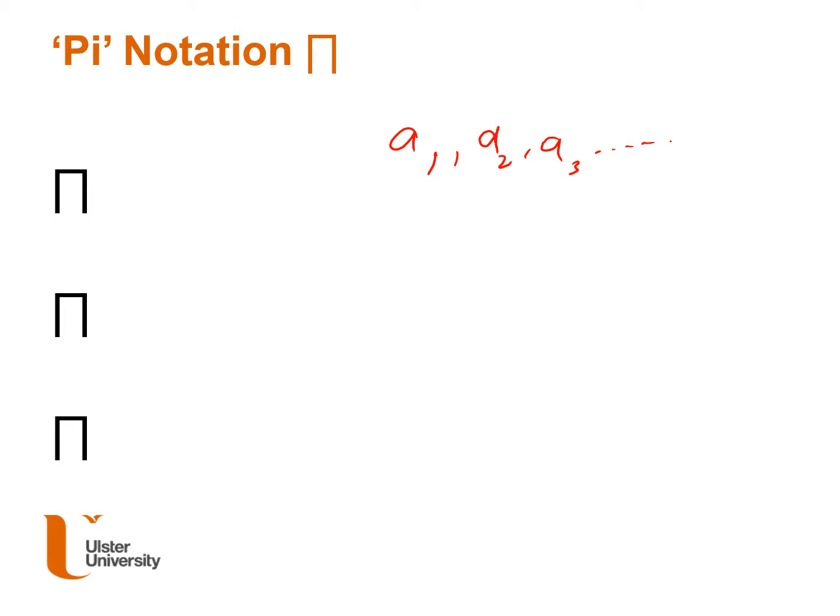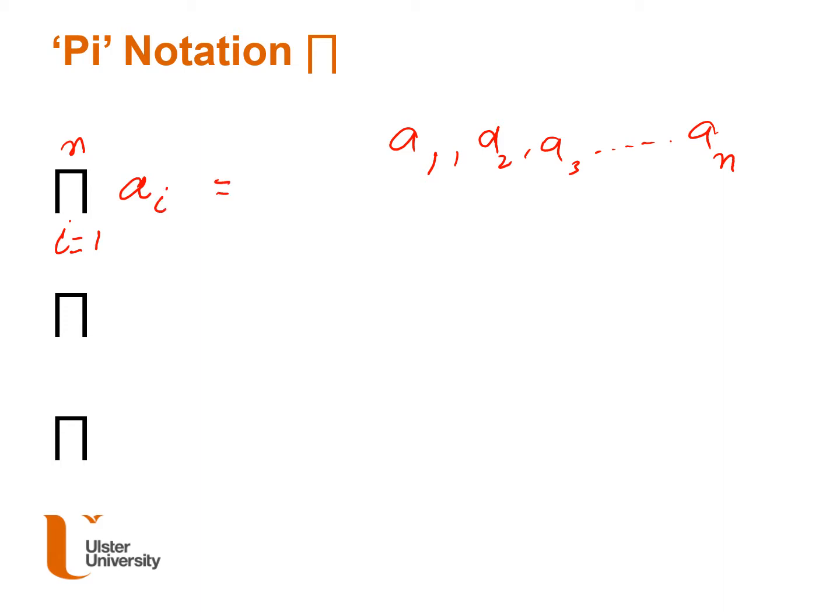If we have to denote them by using pi notation, it would be: i equals 1 to, let's say the last term is n, of a i.